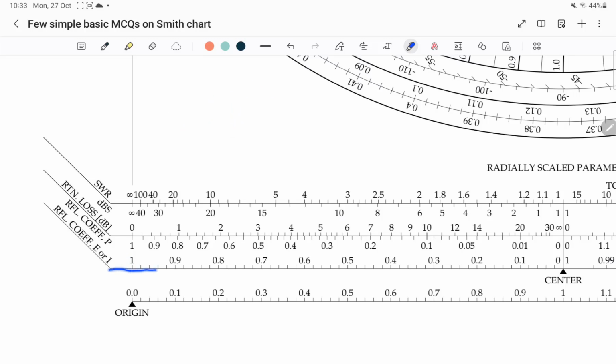And on this particular line, the values such as 1, 0.9, 0.8, etc., represent reflection coefficient E or I. E or I means this is the voltage reflection coefficient and current reflection coefficient.